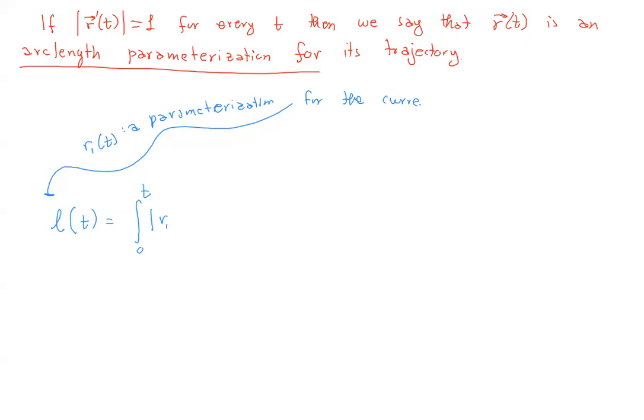So let me just say r1 prime of u du. So this gives us the length of trajectory from 0 to t.